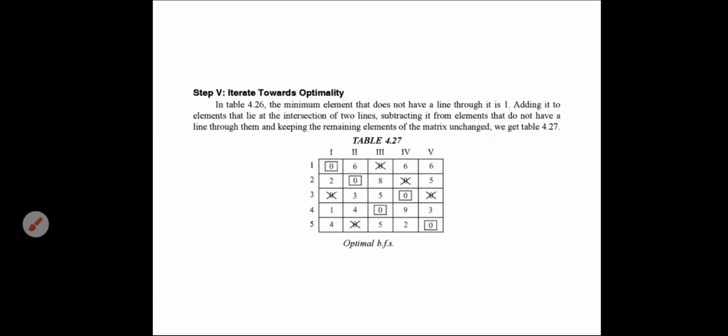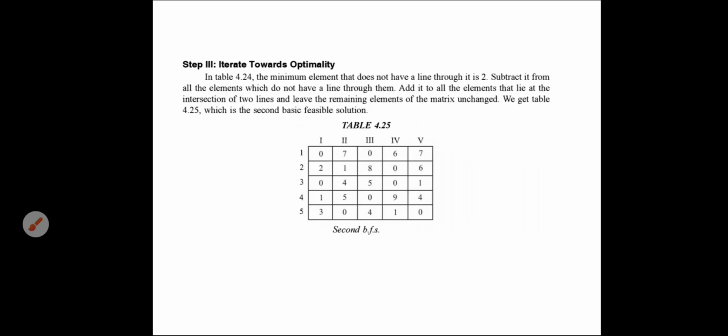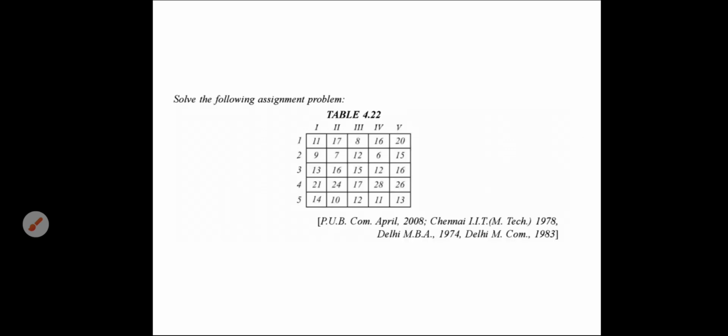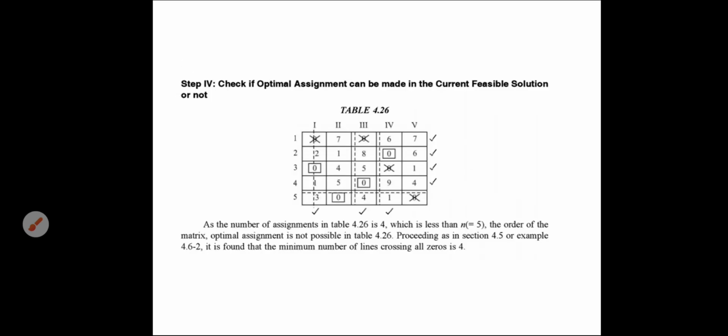So Z minimum is 60. You can see here X11 is 11, X22 is 7, X34 is 12, X43 is 17, and X55 is 13. You add all these, and it gives you the optimum solution: the answer is 60.